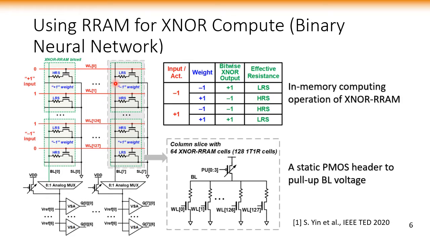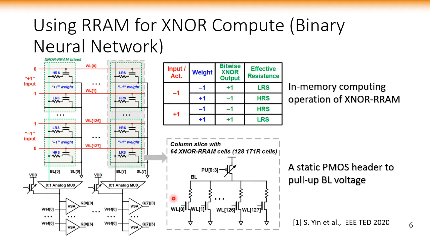As a result, at the end of the column, we effectively count how many ones there are in the partial sum. Then we use a pull-up PMOS to interpret the output as an analog voltage at this node.